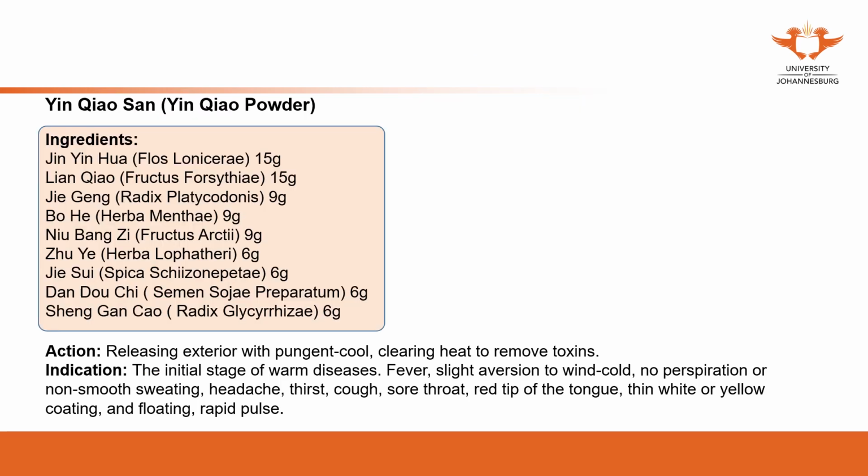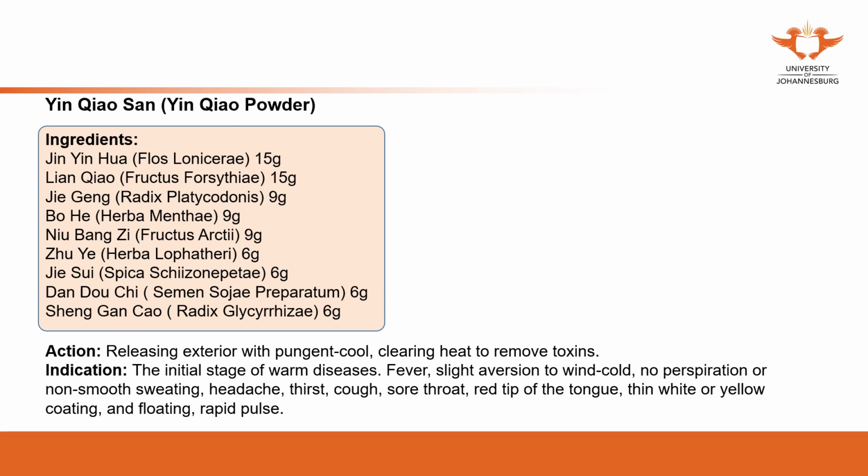银翘散 is another type of formula. This is not the pungent warm releasing formula. This is the pungent cool releasing formula, which means this formula is used for wind heat.